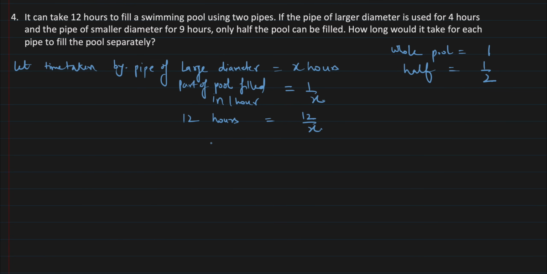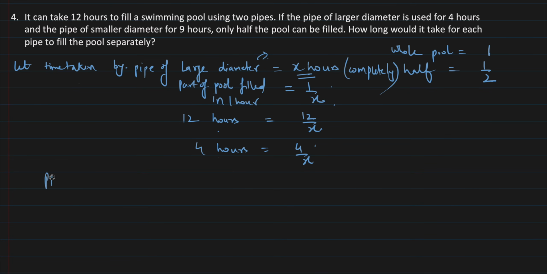And if it works for 4 hours, it will be 4 by x. I hope this part is clear. See, basically we are assuming that the time taken by the pipe of larger diameter to fill the tank completely is x hours. So if it is working for 1 hour only, how much tank will it fill? 1 by x. If it works for 12 hours, 12 by x. 4 hours, 4 by x.